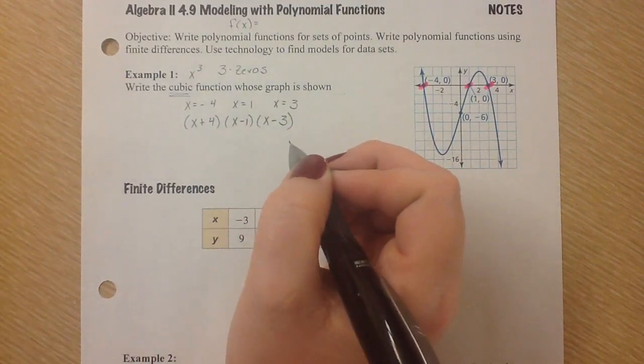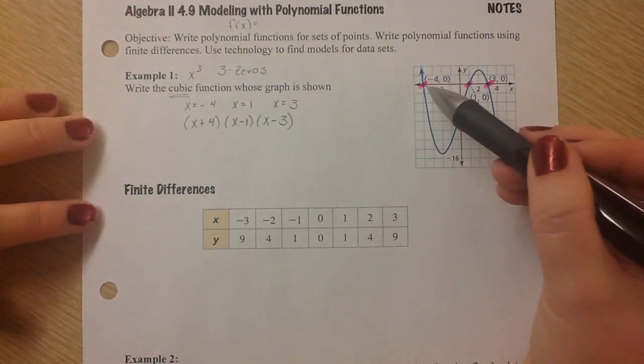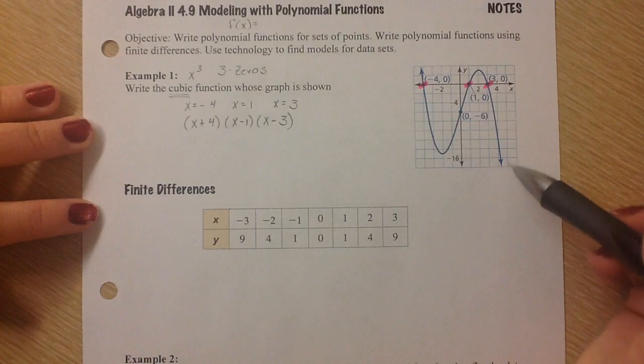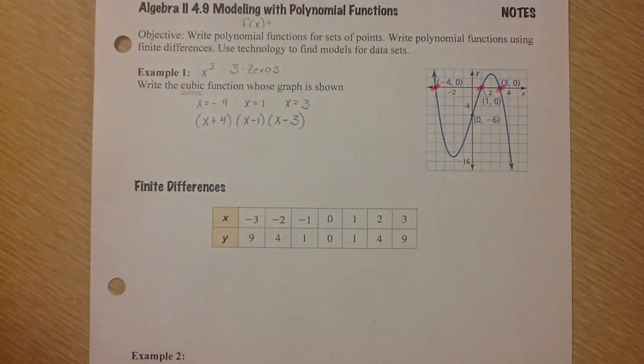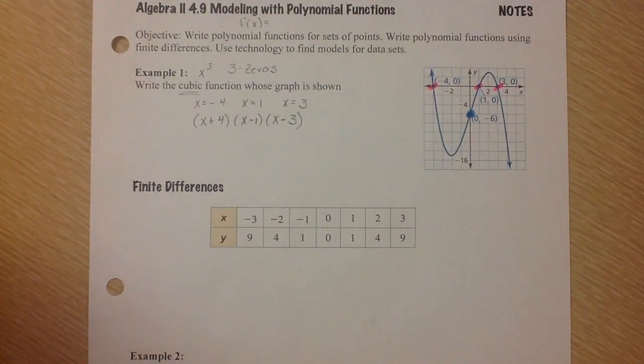The way that this one is slightly different than our previous one is that it needs to not only have those zeros, but it also needs to fit the rest of this graph, meaning it also needs to go through this other point they gave us here, this blue point, the point (0, -6).